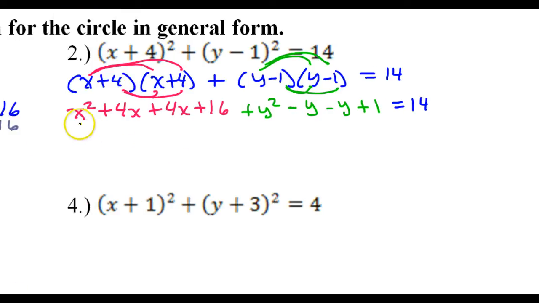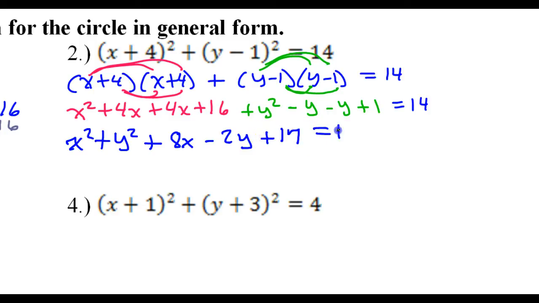All right, so now I've got x squared and y squared. So I've got x squared plus y squared. 4x plus 4x is 8x. Negative y and negative y, that's negative 2y. 16 and 1 is 17. And that's equal to 14.